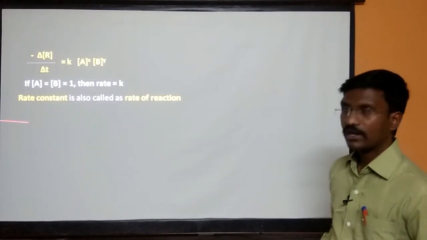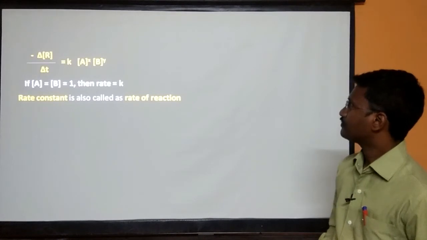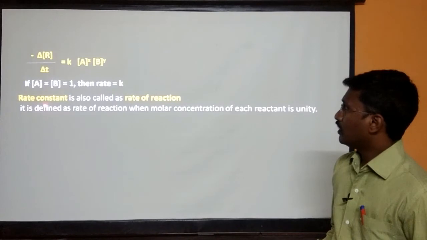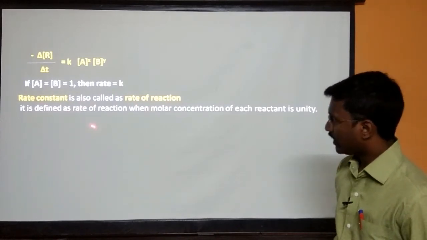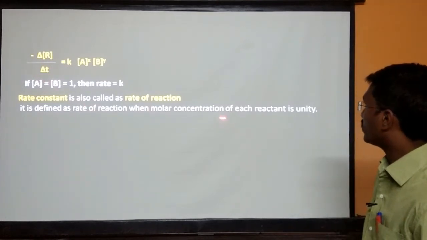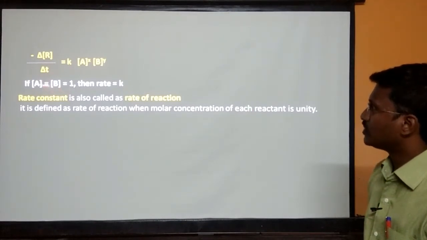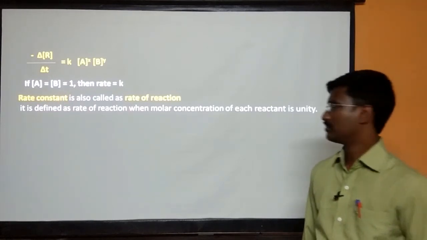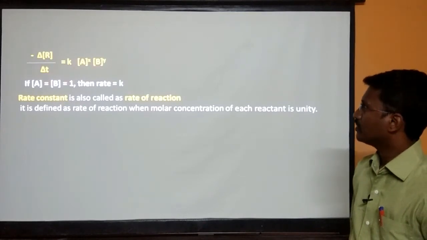Based on this expression, we are defining that rate constant is also called the rate of the reaction, which is defined as the rate of the reaction when the molar concentration of each reactant is unity. What is rate constant? What is the rate of the reaction? They may ask you such questions.